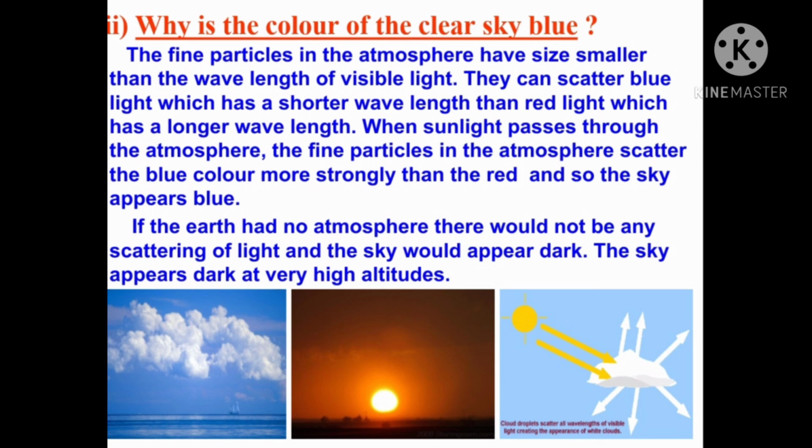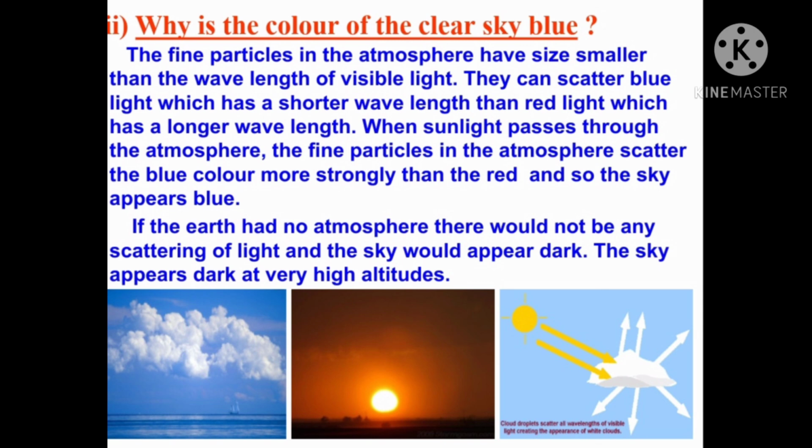When sunlight passes through the atmosphere, the fine particles scatter blue color more strongly than the red. So the sky appears to us as blue. If the earth had no atmosphere, then there would not be any scattering of light and the sky would appear dark.